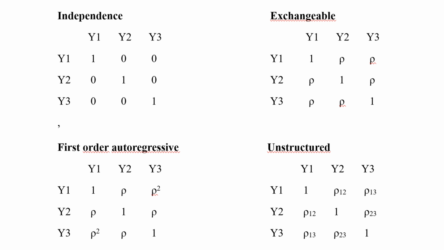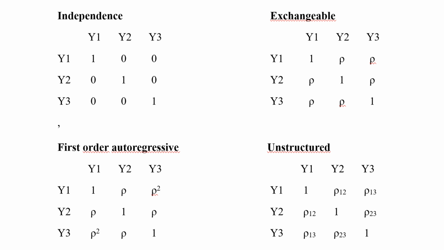I have a measure of y at time 1, at time 2, and time 3 that I call y1, y2, and y3. The independence model assumes the y are uncorrelated. For panel designs, this typically is not realistic. The exchangeable structure assumes the correlations between all the y's are identical and equal to the value of rho.